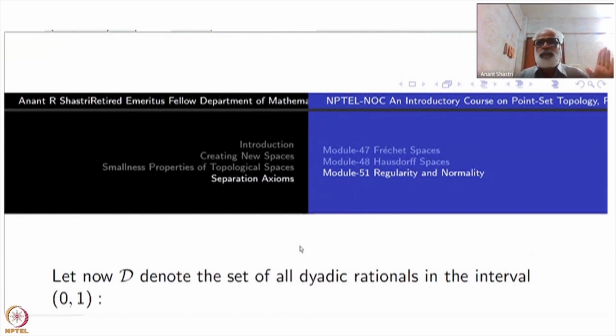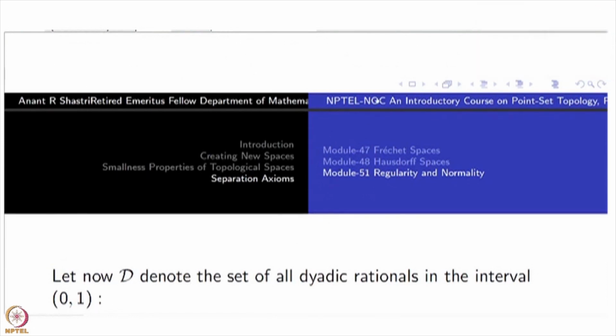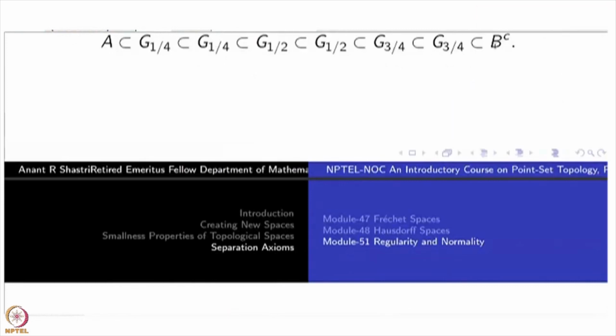0 is taking the place of A, and 1 is taken by B complement. I don't need to write any symbols for them. In between, I'm going to put all these open sets such that they are contained inside their own closure, and then the closure is contained inside the next one, and so on.